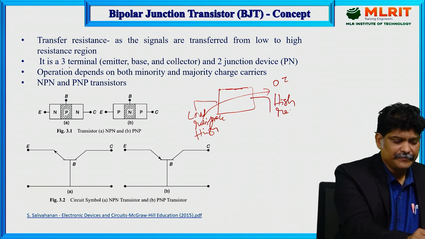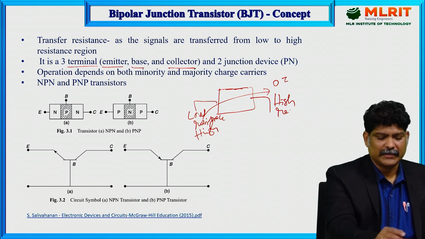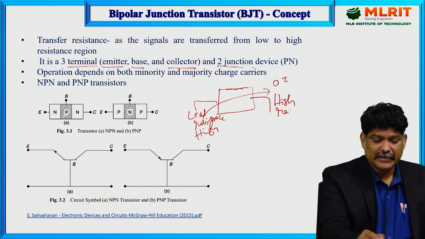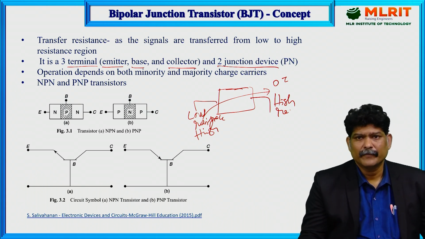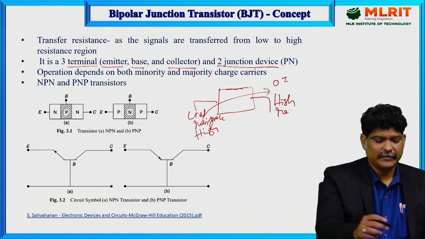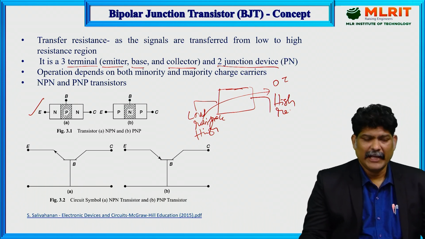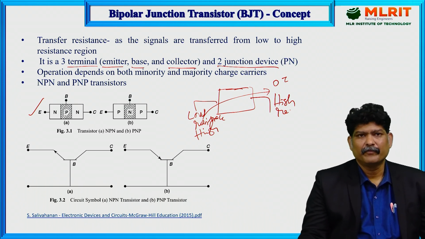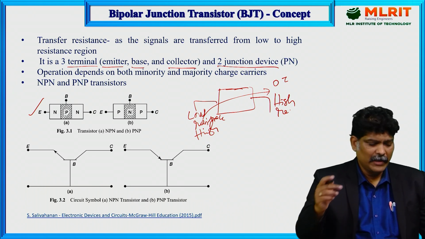It is a 3-terminal device. What are the 3 terminals? Emitter, base, and collector, and it is a 2-junction device, formed by connecting two PN junctions. Here we have two types of transistors, NPN and PNP, based on their physical structure and level of doping.